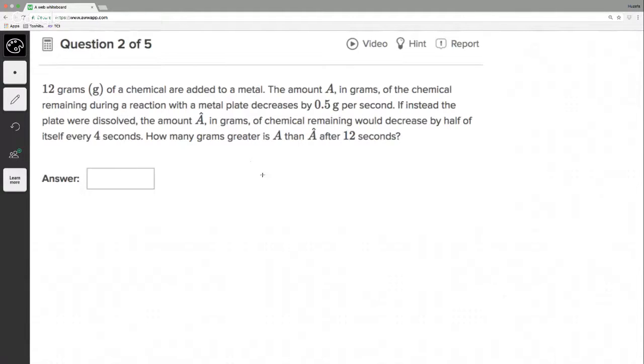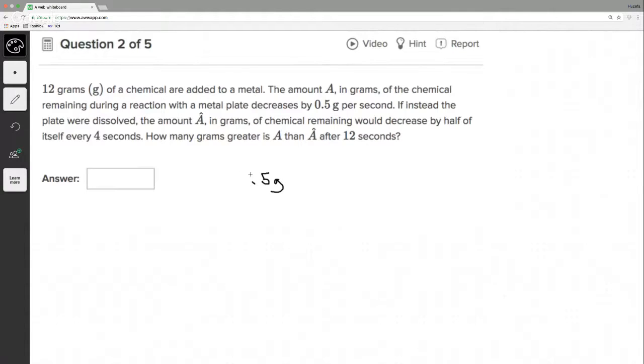The amount A in grams of the chemical remaining during a reaction with a metal plate decreases by 0.5 grams per second. If instead the plate were dissolved, the amount A in grams of chemical remaining would decrease by half of itself every 4 seconds. How many grams greater is A than A-hat after 12 seconds?